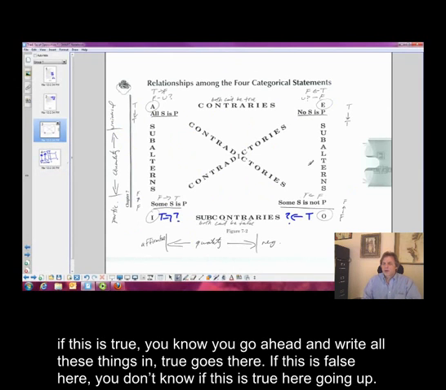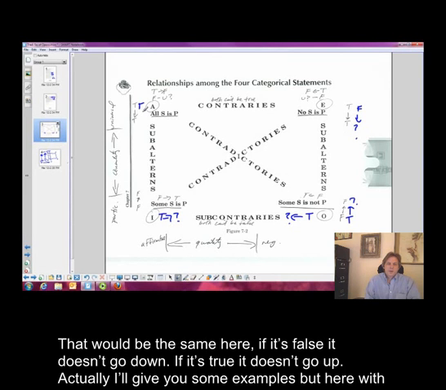True goes there. If this is false here, you don't know. If this is true here going up, you don't know. That'd be the same here. If it's false, it doesn't go down. If it's true, it doesn't go up.